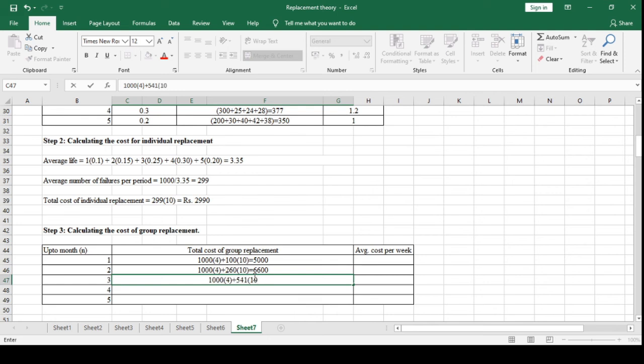Multiply by 10, that is the cost of individual replacement here, and your answer will be 9410.